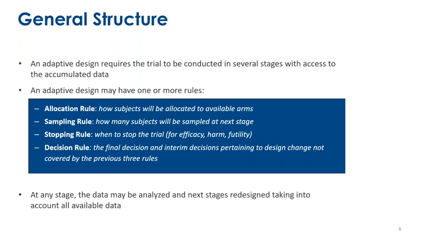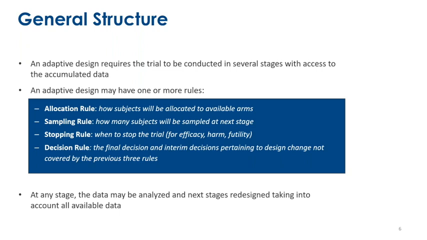And the types of adaptations are changes in the allocation rule, namely the randomization ratios to the various treatment arms. We could modify the sampling rule, how many subjects will be included in the next stage. We could obviously stop the trial for an efficacy conclusion or a futility conclusion or a safety issue.